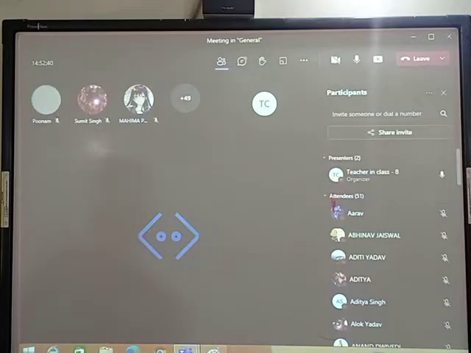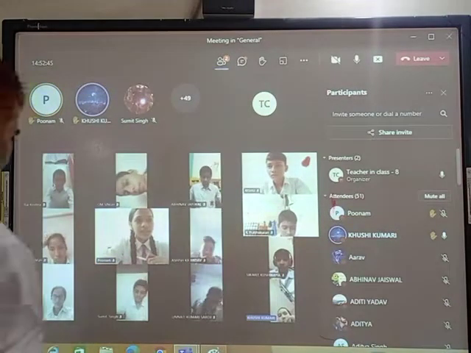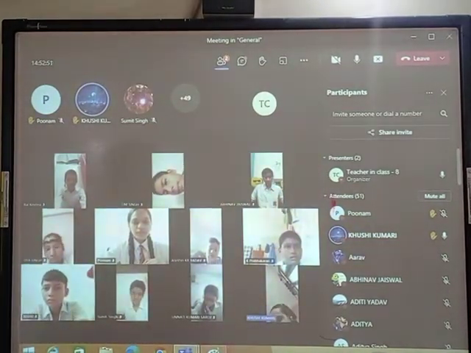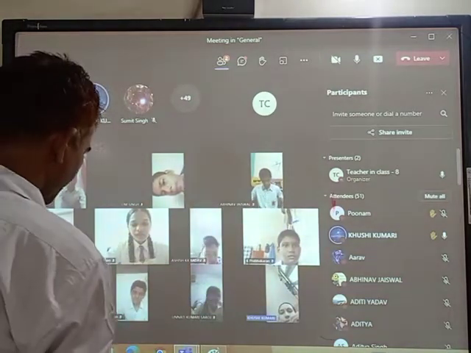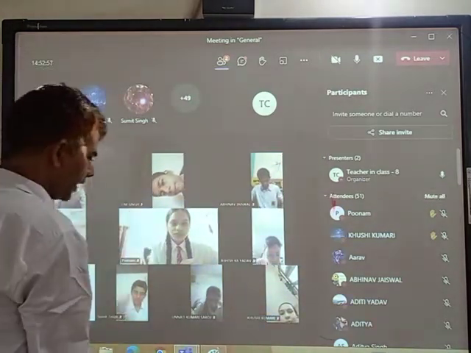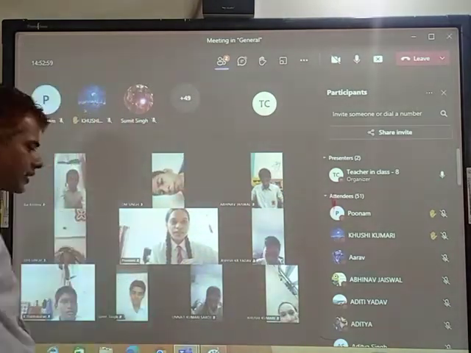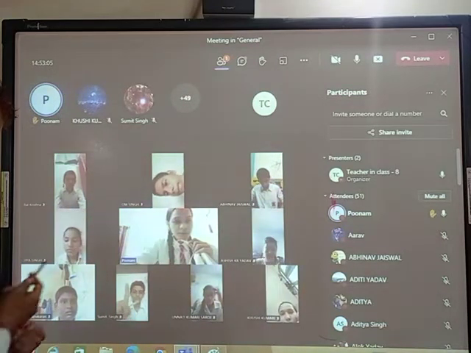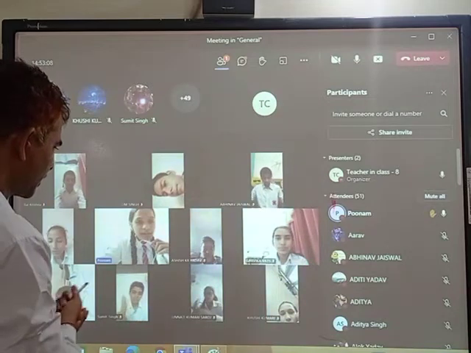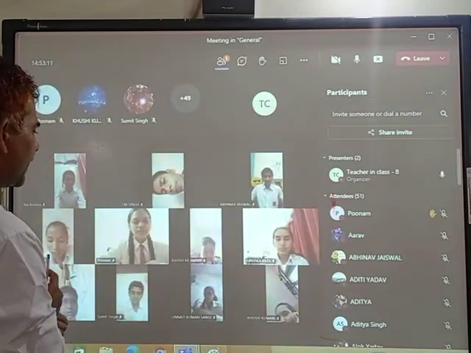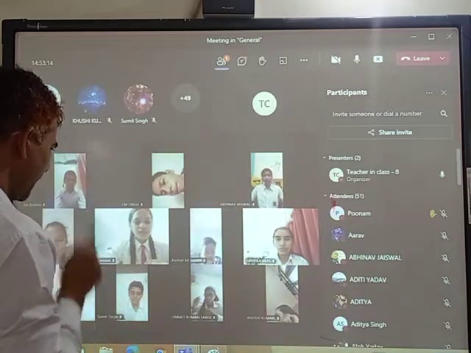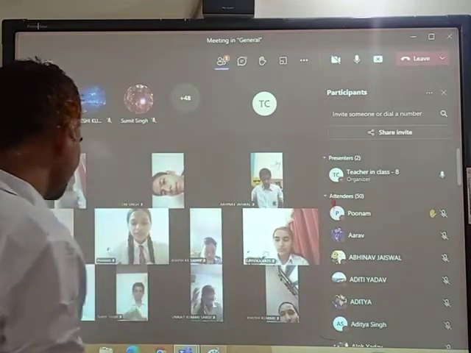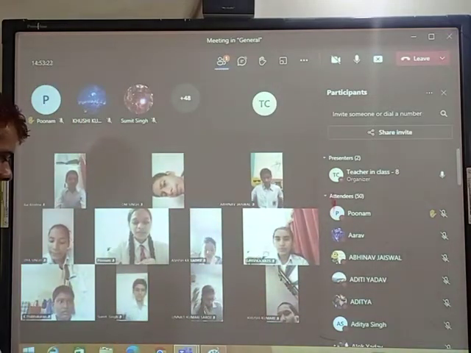Sir, from point A, we have to draw an arc of 6 centimeter. Okay. And the next point, Poonam: we have to make an arc of 4 centimeter from point C which intersects the previous arc at point D. Join AD and CD. So ABCD will be your required quadrilateral.